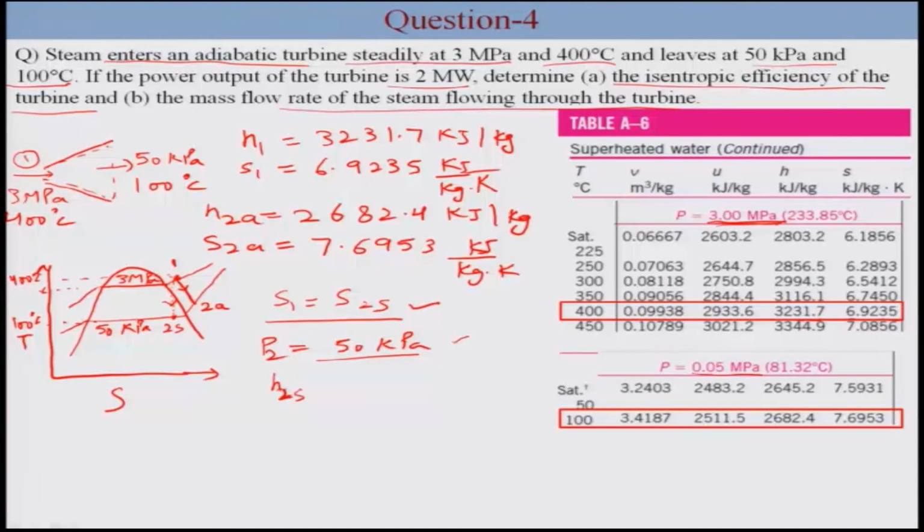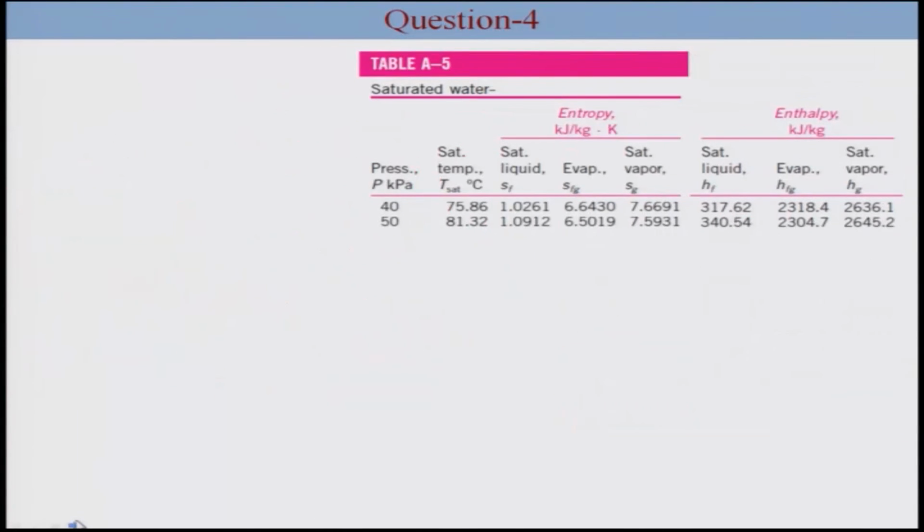If we see from the TS diagram, this is moving into the liquid and vapor region, and also if we see the table of saturated water at 50 kilopascal, the entropy for state 2S lies between these two values. So, it means that it will be a mixture of liquid and vapor.